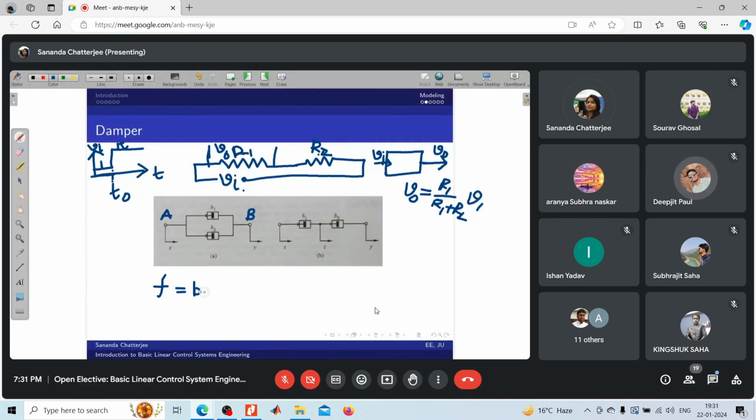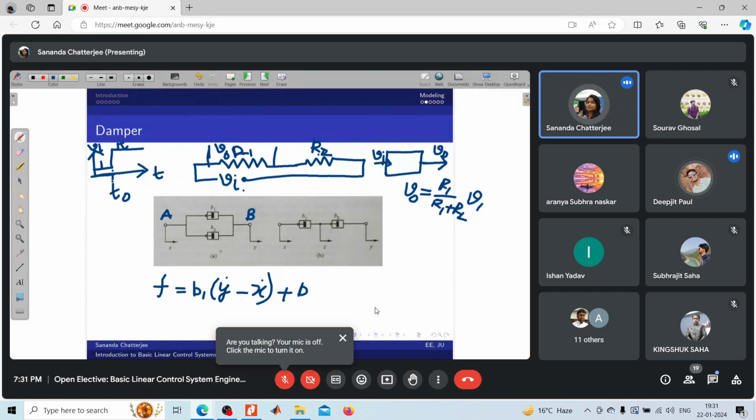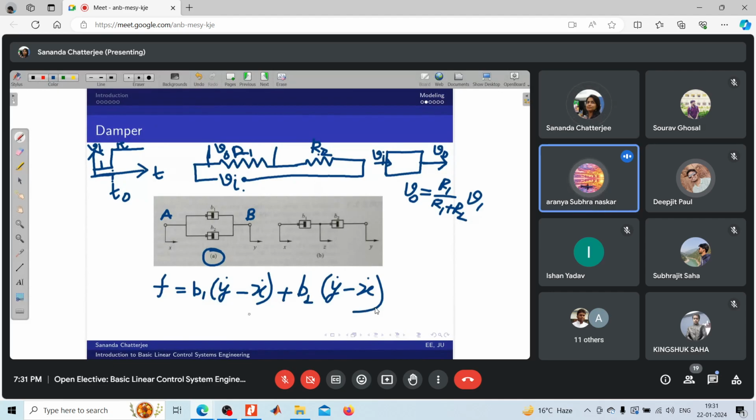So it will be B1 into y dot minus x dot, plus for the second damper, B2 into y dot minus x dot. So it will be B1 plus B2. So the equivalent damping factor will be B1 plus B2.